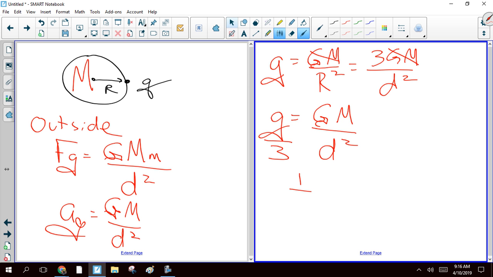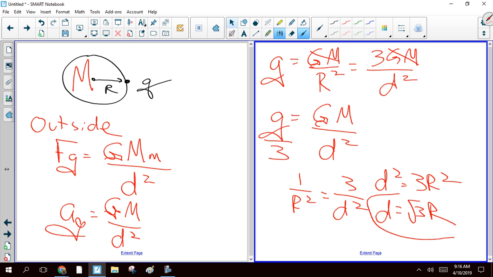So now I'm looking at 1 over r squared equals 3 over d squared. We're trying to solve for d, right? So d squared is 3r squared. Square root both sides, and d is root 3 times r. There are certainly other ways of going about that process, but that works. Everybody good up to there?